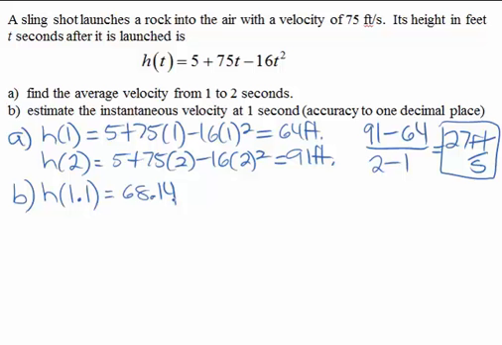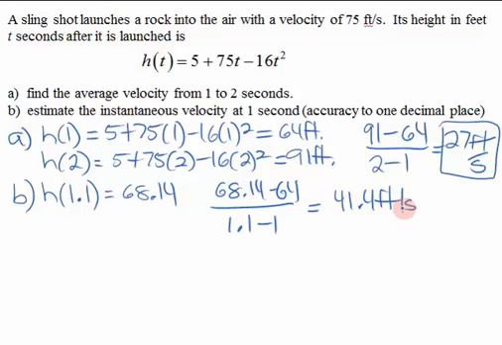So I'm going to take the difference between the heights at 1.1 and at 1, so 68.14 minus 64, and I'm going to divide that by the differences in time, which is 1.1 minus 1. And when I do that, I get 41.4 feet per second.